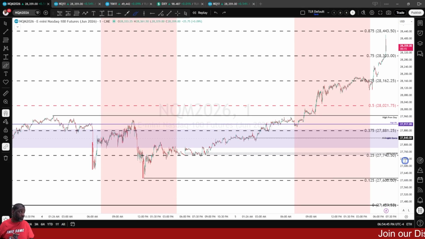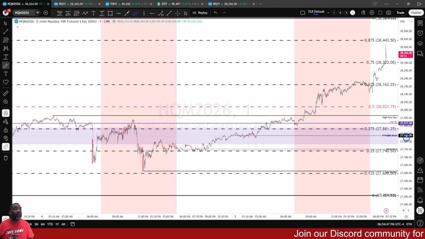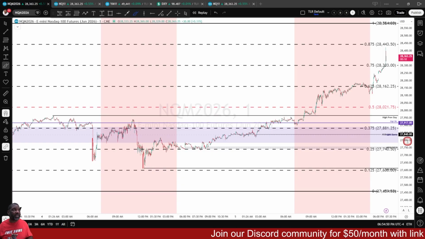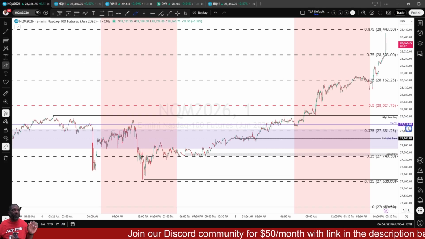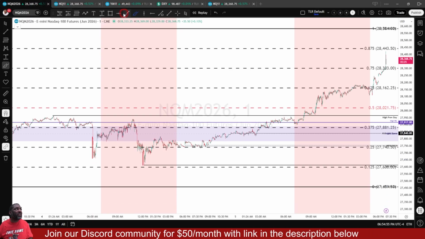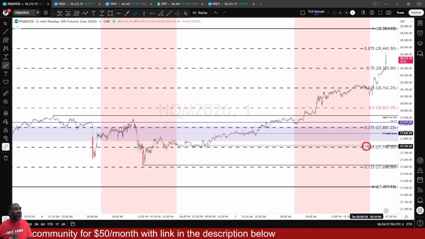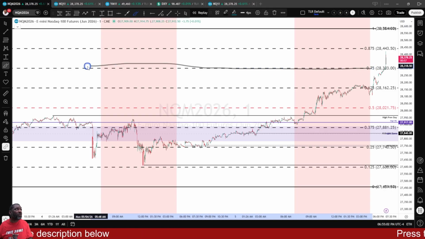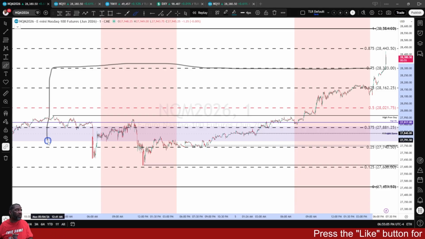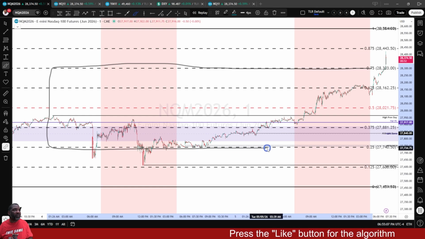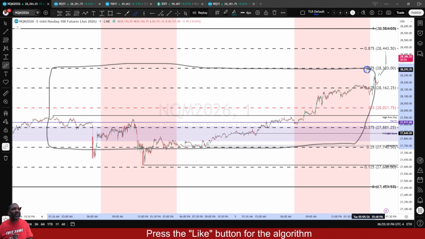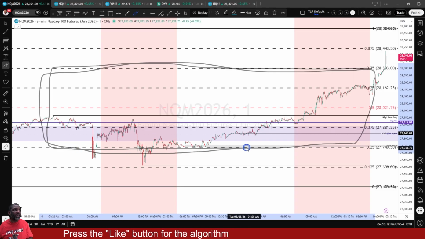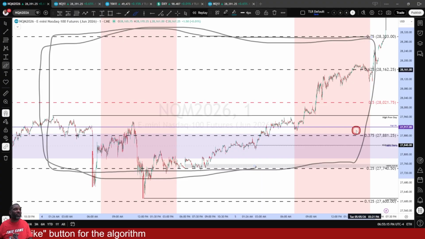So now this is where the magic happens, right? Remember when I said, when you're looking for trading opportunities, the bulk of your trading opportunity is going to happen in between the upper quadrant and the lower quadrant, inside any algorithmic range that you grade, okay? That's where the bulk of your trading opportunities are going to come from.